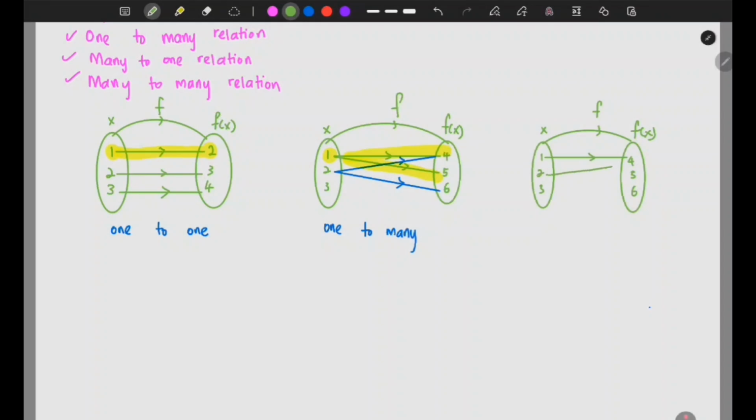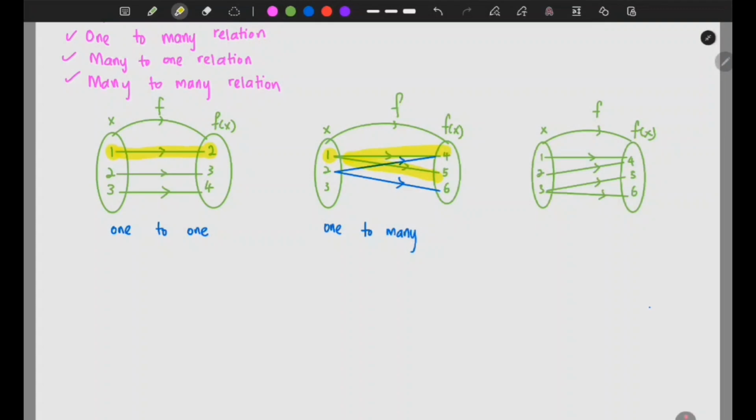So 2 becoming 4, 3 becoming 5, 3 becoming 6. 3 becoming 4, I don't think it can. 3 becoming 6 can.